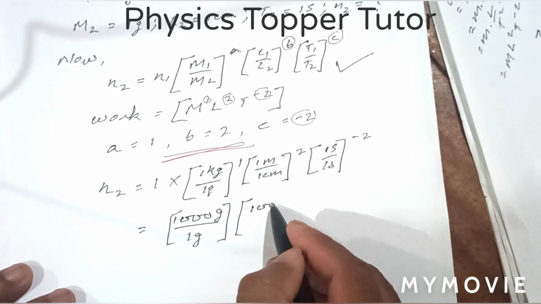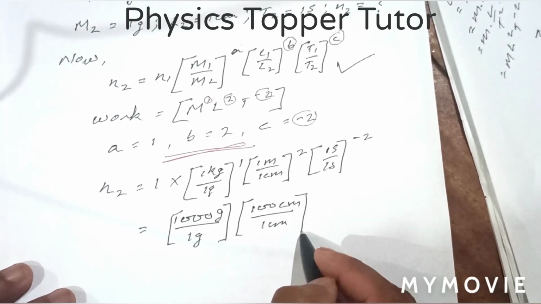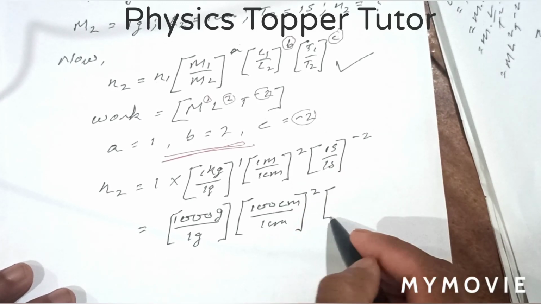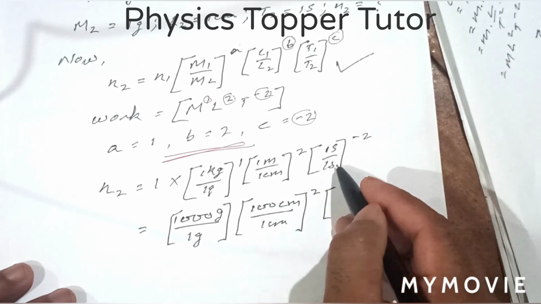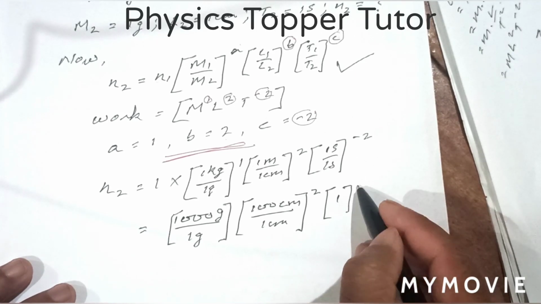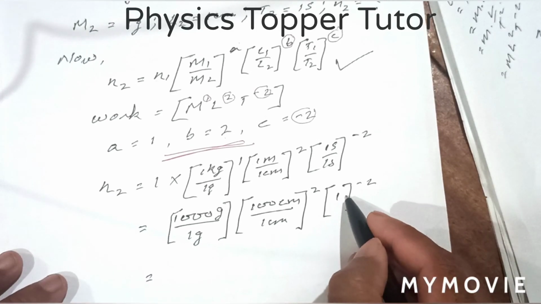So put 100 centimeter by 1 centimeter, and its power is 2. Don't forget to write its power 2. And second, 1 by second, same, isn't it? Power minus 2, that's the right second.